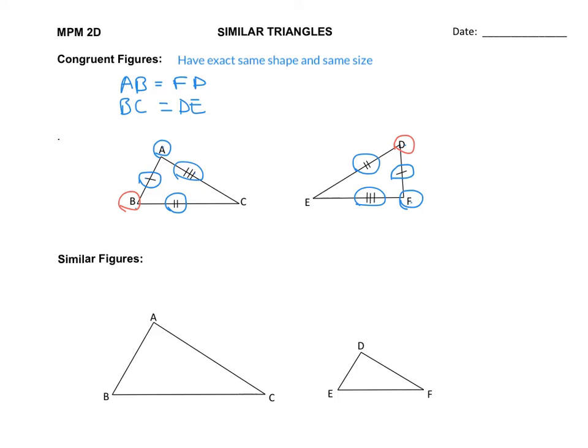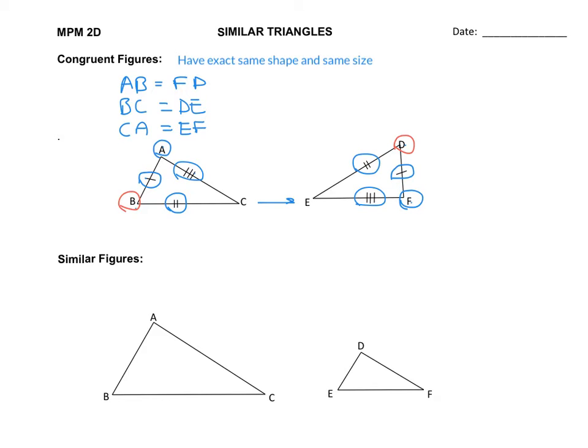And then lastly, we have side CA in the first triangle. C goes between the triple and the double, so that would match up with E and F.